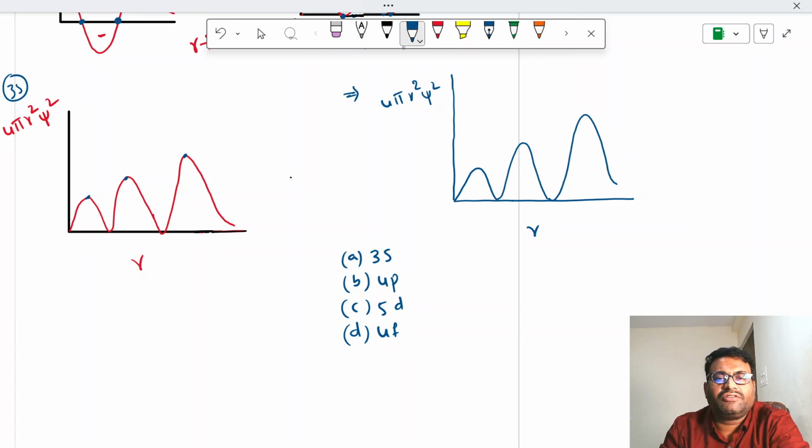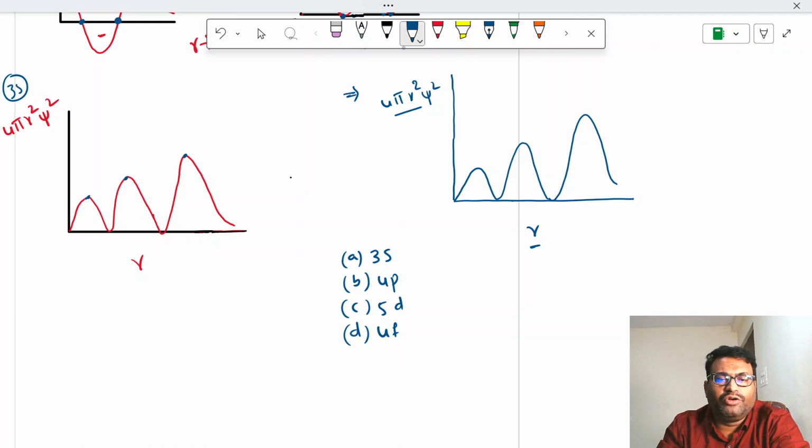First, when you are drawing a graph between radial probability and r, you need to remember that the peaks will be in ascending order. It can be applied to any orbital based on the number of peaks.